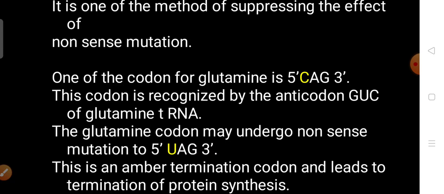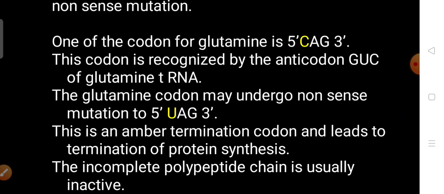Because of nonsense mutation, the glutamine codon CAG is converted into UAG. The moment C is converted into U, CAG gets converted into UAG. UAG is an amber termination codon. It brings about termination of protein synthesis.